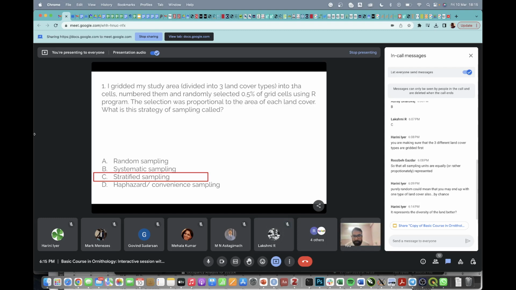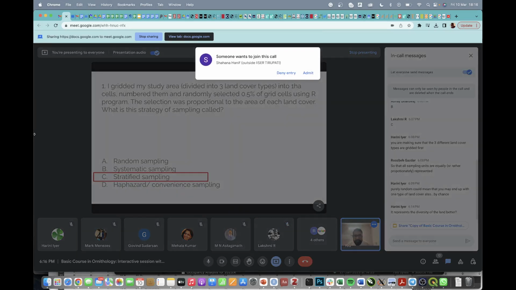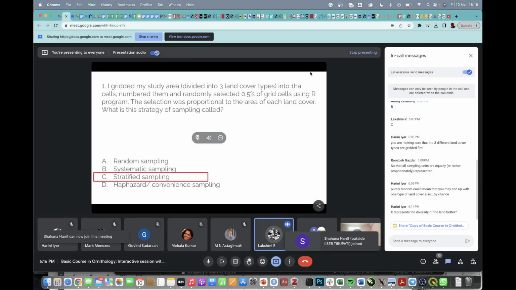So where do you think you might have to sample more? Grasslands. Really, Lakshmi? Why do you say that? I would rather say where the grassland meets the forest area.